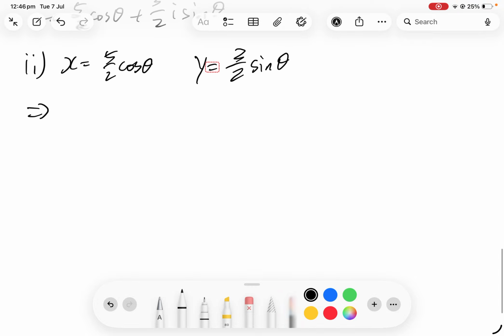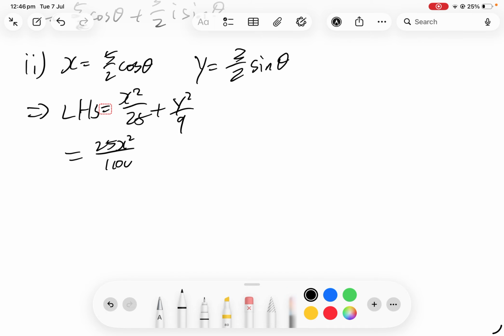And then that just means the left-hand side, which equals x squared over 25 plus y squared over 9 equals, well, that's 25x squared over 100 plus 9y squared over, oh, that should be sine squared, that should be cos squared over, well, that becomes 4 times 9, 36.